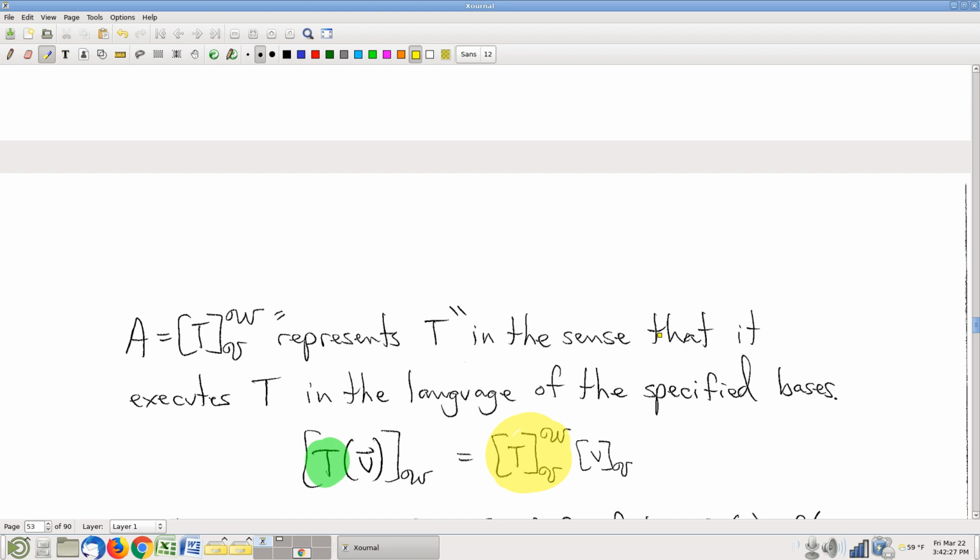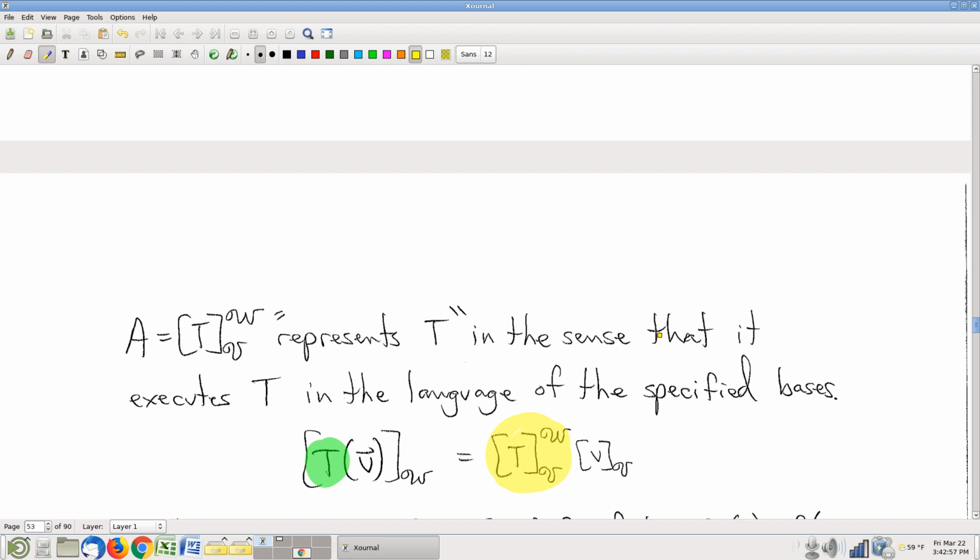Okay, now the little devil details. The matrix doesn't technically apply to V. Of course it doesn't. The matrix is an array of numbers. The vector V is an abstract thing. So the matrix is acting not on V itself, but on the notation we use to represent V, the coordinates we use to represent V with respect to the input basis, because this is a vector in the input space.